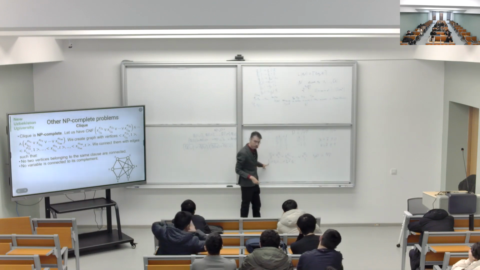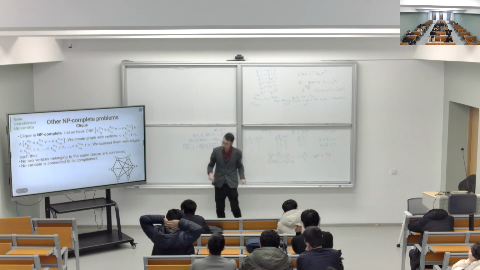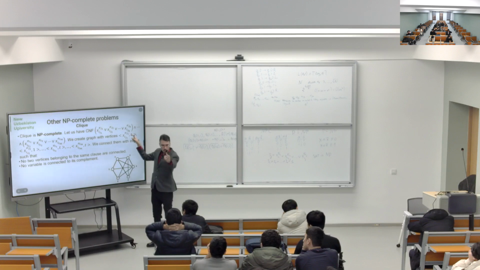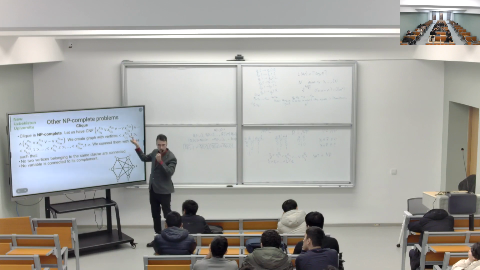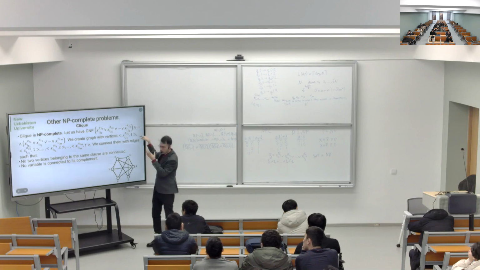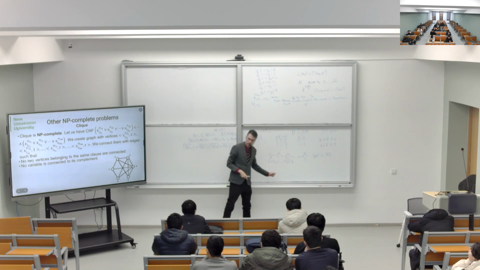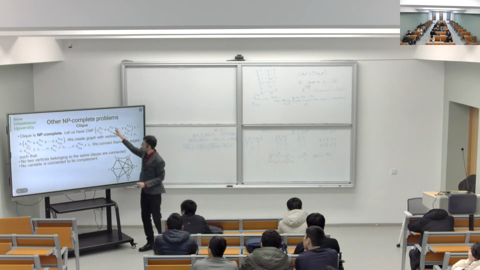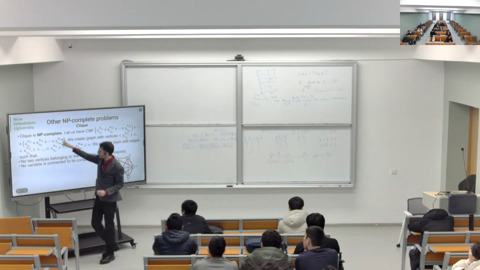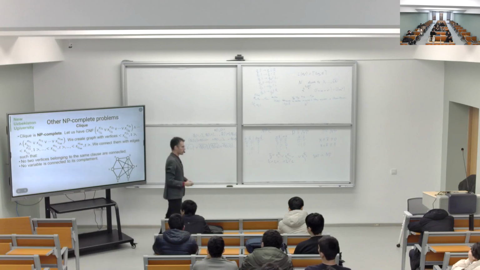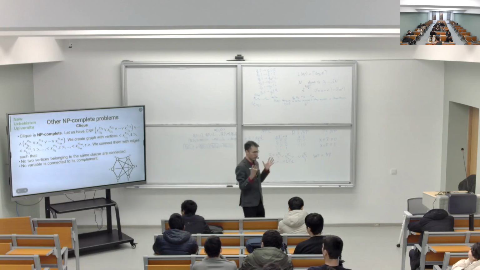So 1 comes from the number of the S. This is the first. Next we have the second, which will have 2 for each of the variables in the description. And the last one is T, so we write them with number T.